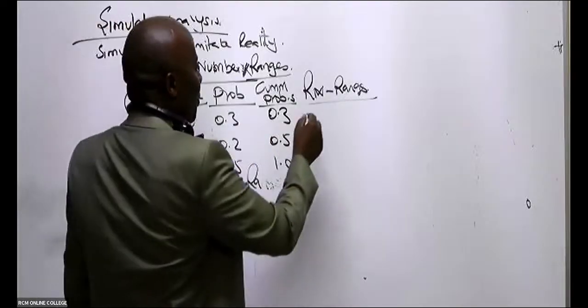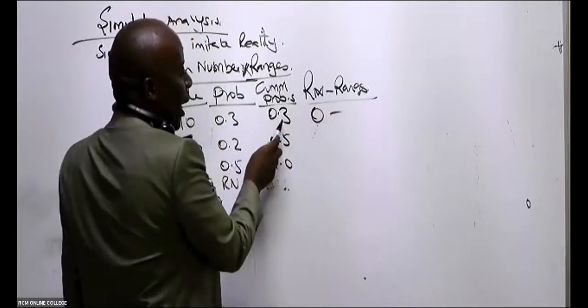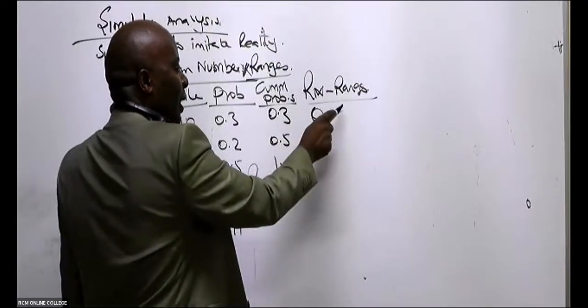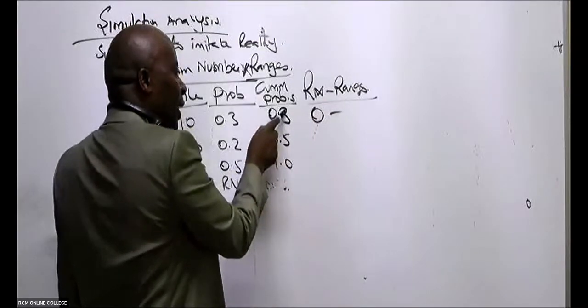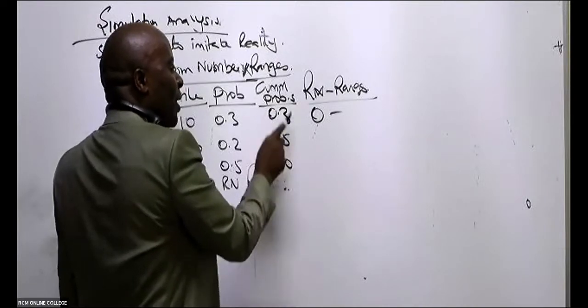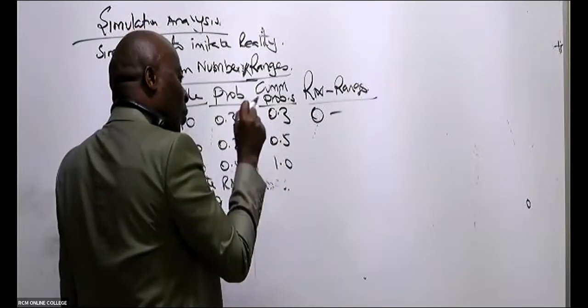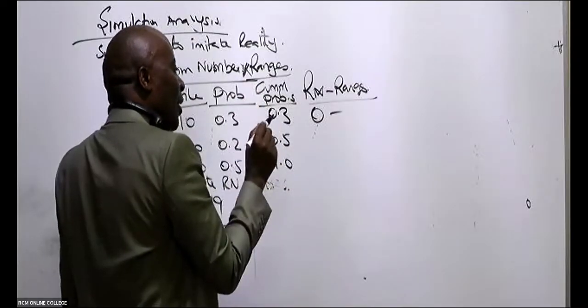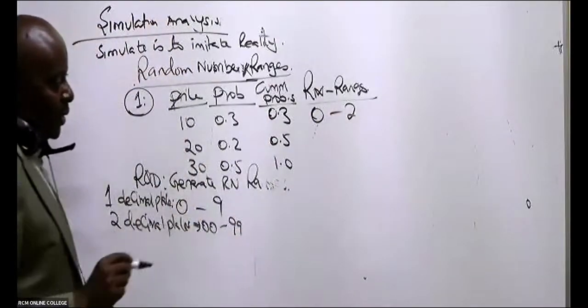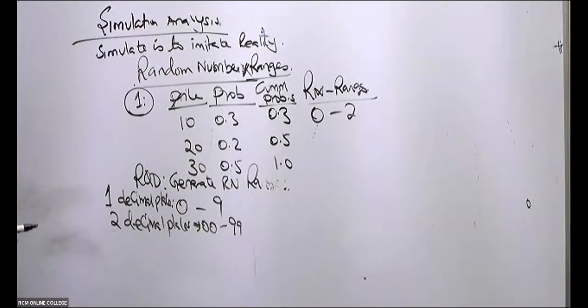The first class will be 0 all the way to the upper limit. Upper limit is 3. But to get the upper limit for the range, you take this 3 as if it's a whole number, and then you deduct 1. So 3 minus 1 gives me 2.